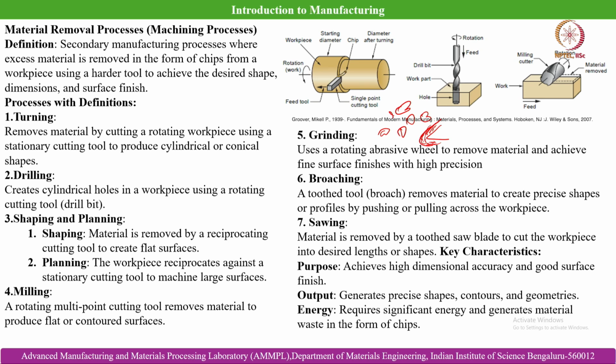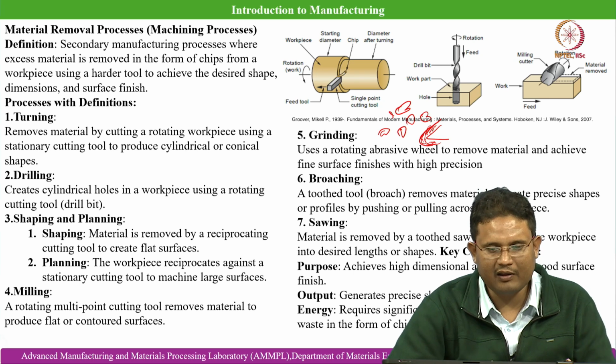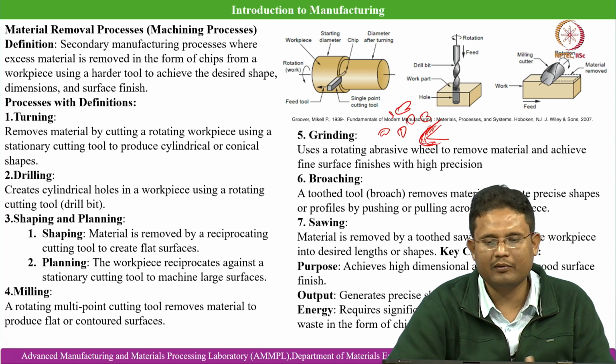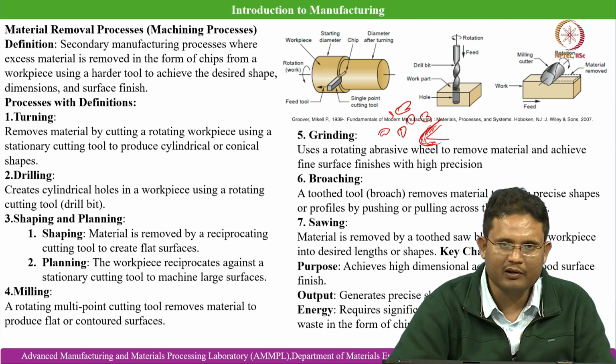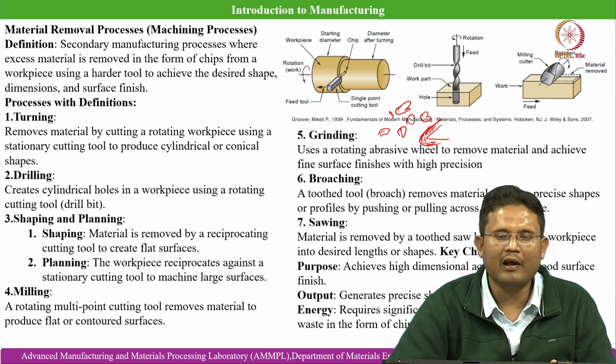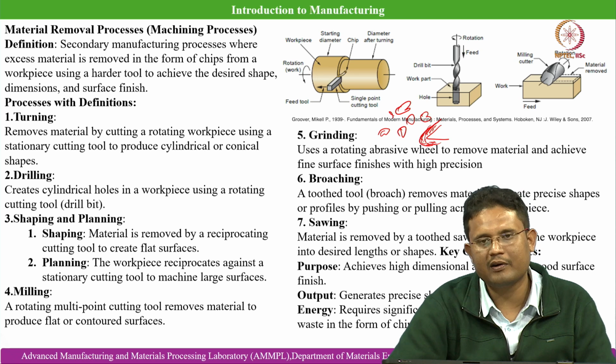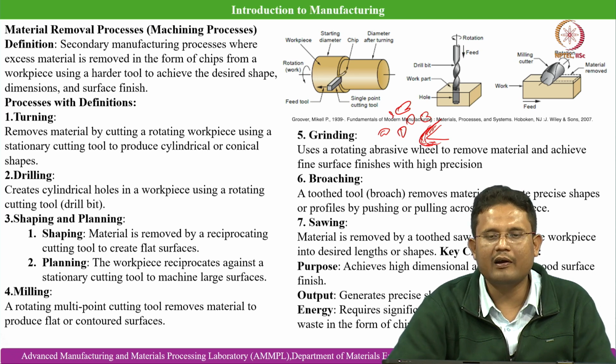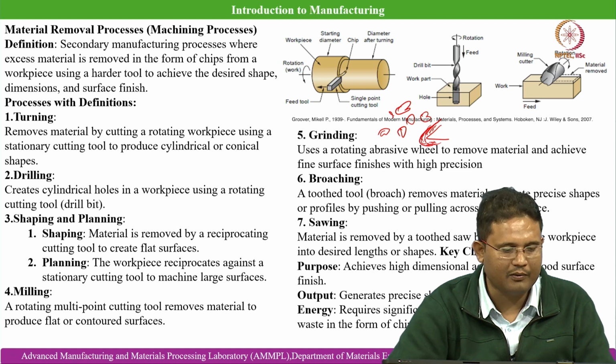Shaping and planing are exactly opposite to each other. In case of shaping, the tool undergoes reciprocating action and the workpiece is fixed, and in planing it is exactly the opposite: the cutting tool is fixed and the workpiece, mounted over a table, reciprocates back and forth, and thereby undergoes the material removal process.